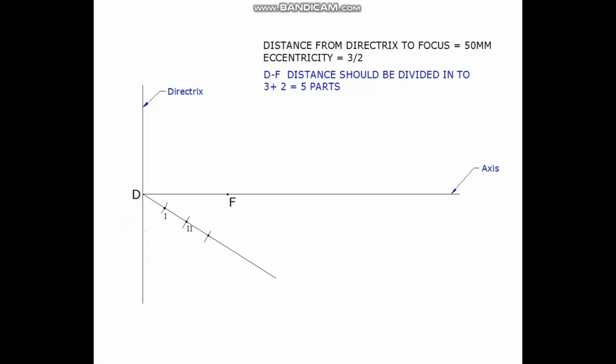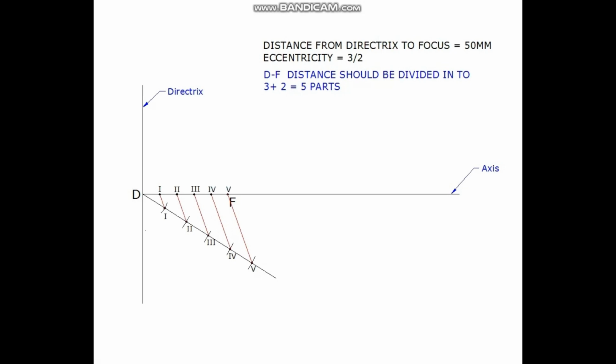A line is drawn by connecting the fifth point of the inclined line and the focus F. Now lines are drawn from the other points parallel to the line drawn from the fifth point to F: through the fourth point, the third point, the second point, and the first point. These are the 5 equal parts on the line DF. Numbers 1, 2, 3, 4, 5 can be marked on these parts.